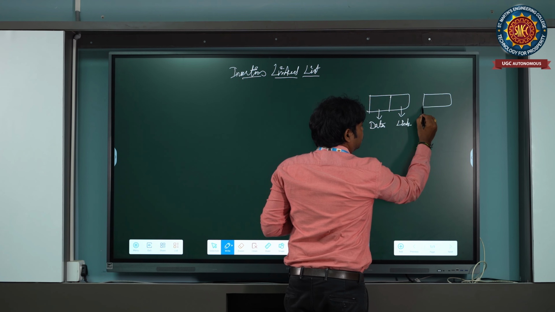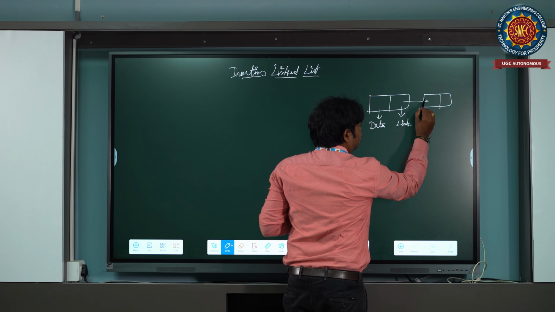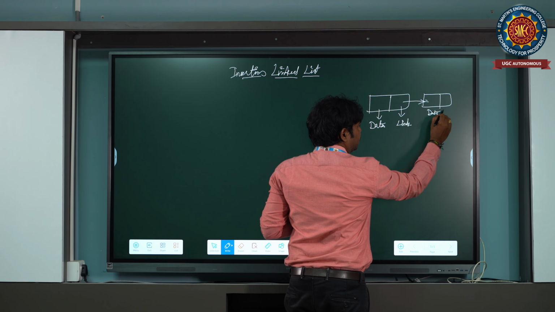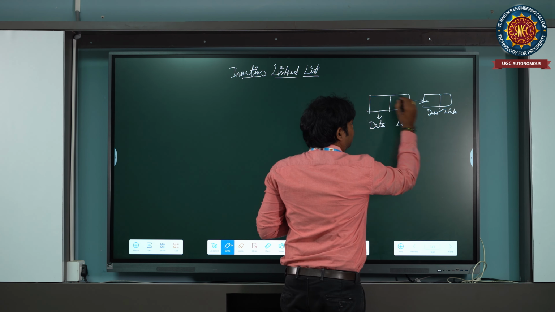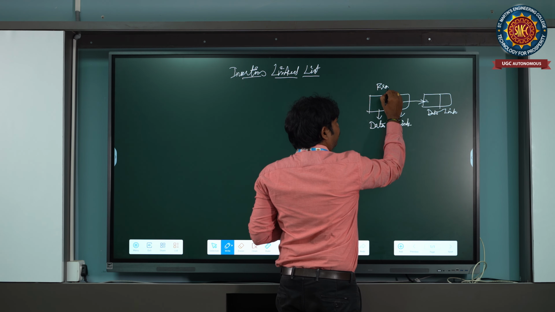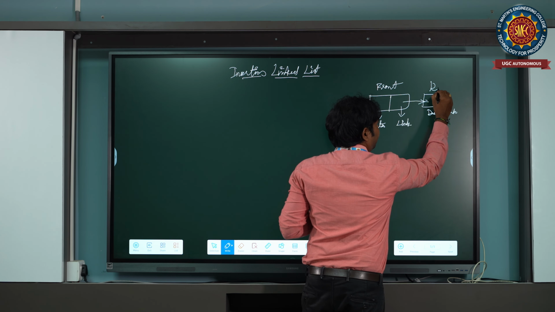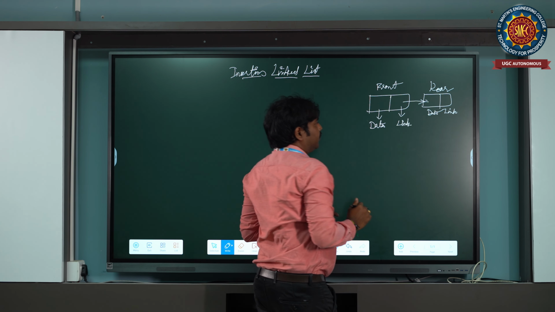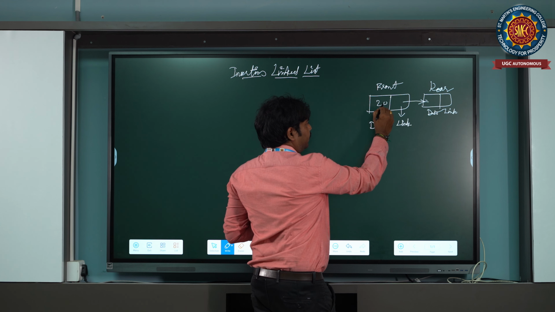This is the address. Here also will be data, and here also will be the link of the other node. This is the front part, we will say front, and this is the rear part. Say here is 20, with the address of the next node, and here will be 30, whose link is null.